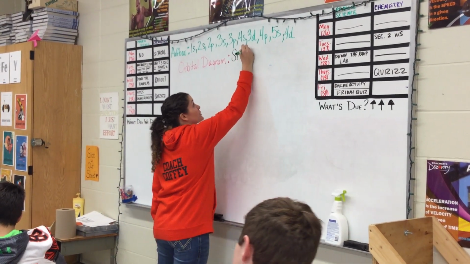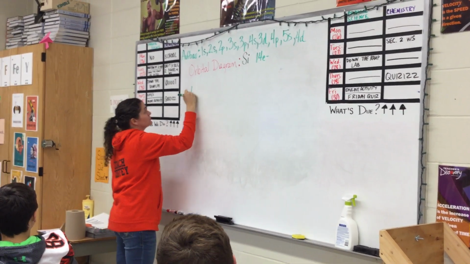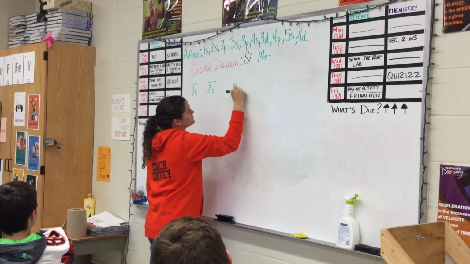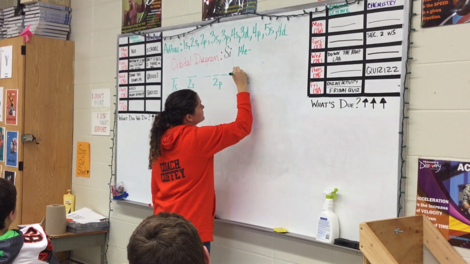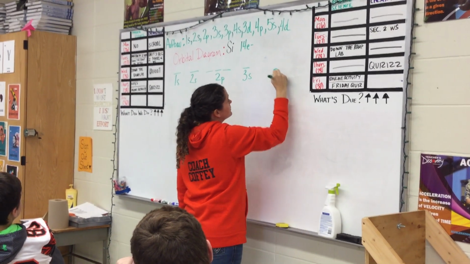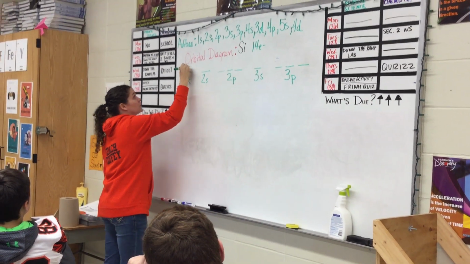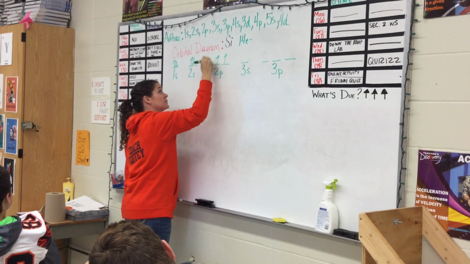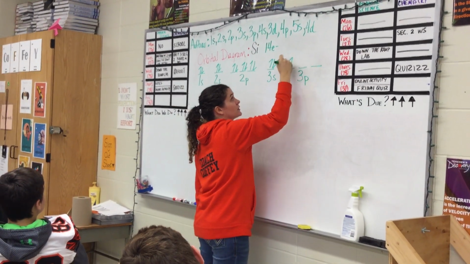Total electrons was 14. So it would go 1, 2, 3, 4, 5, 6, 7, 8, 9, 10, 11, 12, 13, 14.